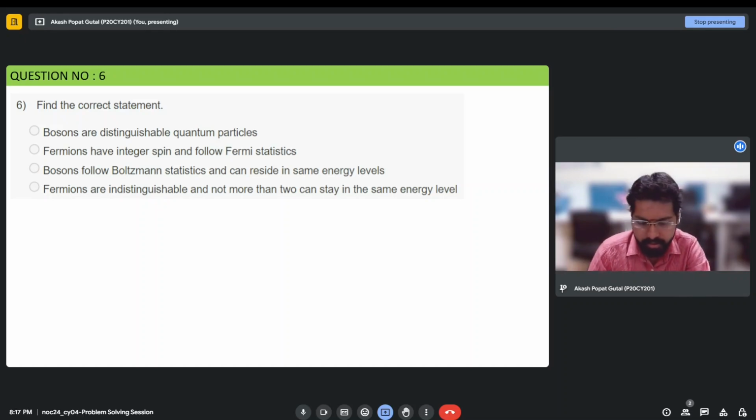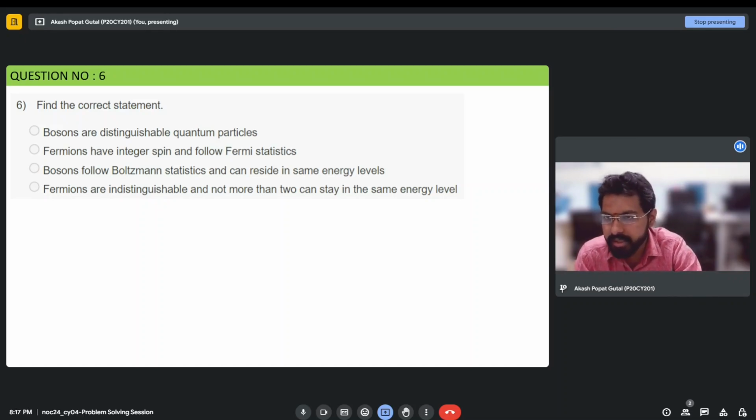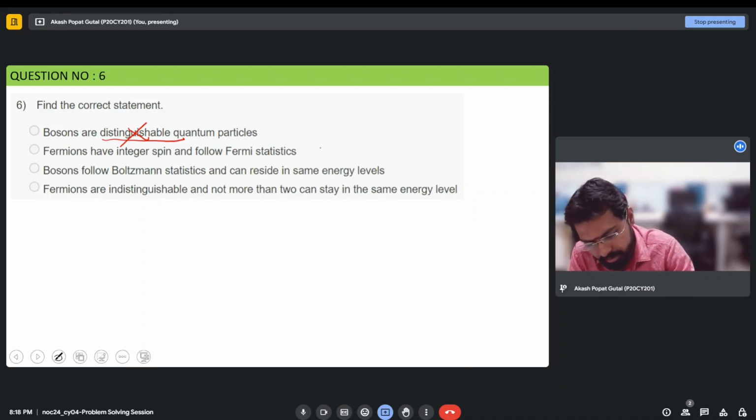The first statement is bosons are distinguishable quantum particles, which is a wrong statement because they are indistinguishable quantum particles. Fermions have integer spin and follow the Fermi statistics. We know that fermions, like electron and positron, have half integer spins.